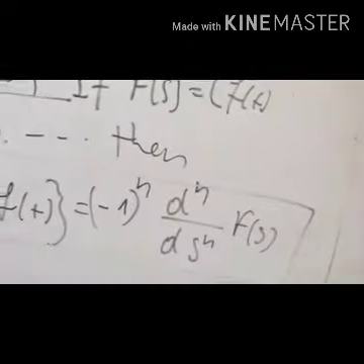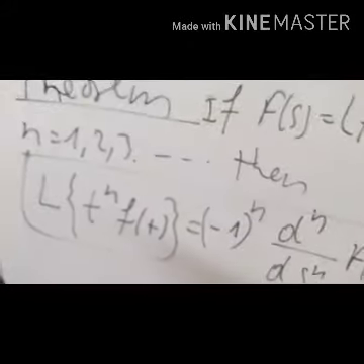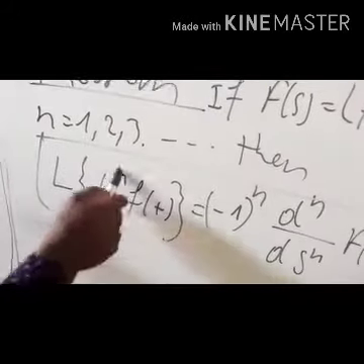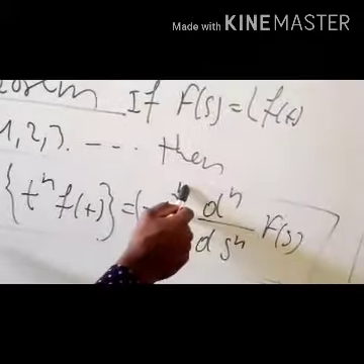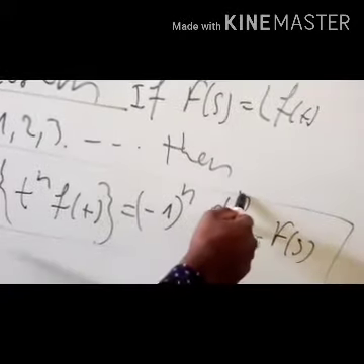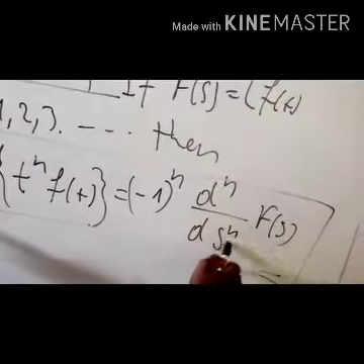This is our formula to use. The transform of t^n f(t) is equal to (-1)^n d^n divided by ds^n of F(s).